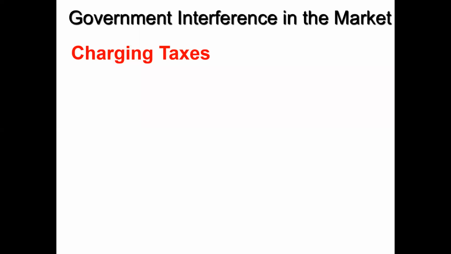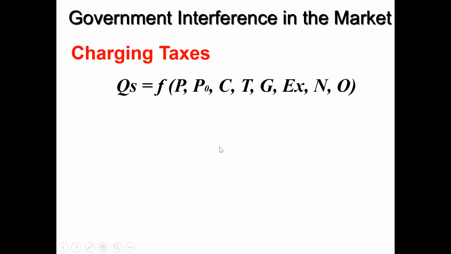But here we are going to discuss how basically the market is changed when the government charges a tax. You can remember we discussed how the tax makes an impact on production, right? Supply. In the supply function, where we included tax in the government policies, we got two government policies, taxes and subsidies, which have an impact on production and supply of a certain commodity.